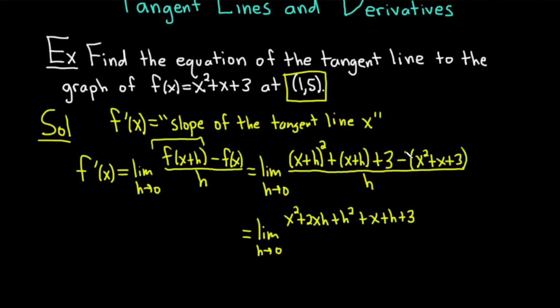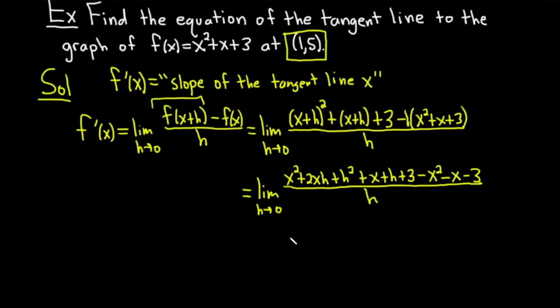There really is a minus 1 here in front of this final parentheses, so we have to distribute that. So minus 1 times x squared is minus x squared. Minus 1 times x is minus x. Minus 1 times 3 is minus 3. All of this is being divided by the whole thing by little h. This is equal to the limit as h approaches 0.